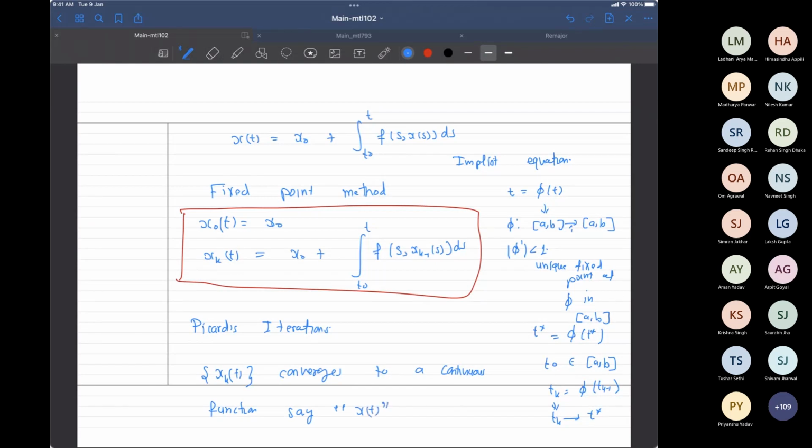We have to define what x(t) is, and we have to show that it converges to x(t). That's a different discussion, but our aim is basically to show that it converges to a function x(t), and of course we have to define what this convergence means.